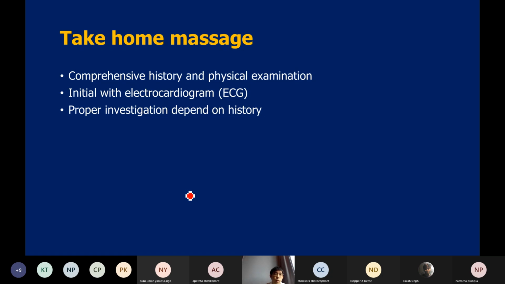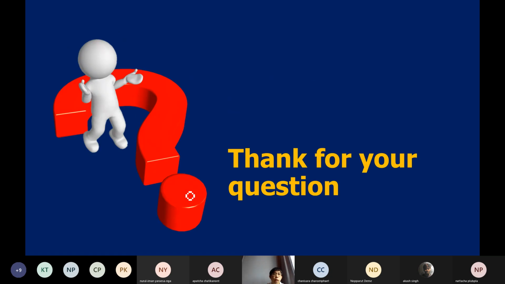We usually do not do all of the investigations. We usually do only one or two types of tests, and after that we diagnose the patient and go ahead for the treatment. Okay, so this is all for this session. Does anyone have any questions regarding this lecture?